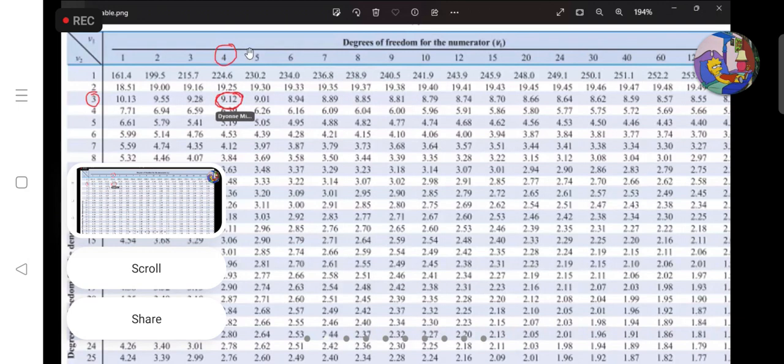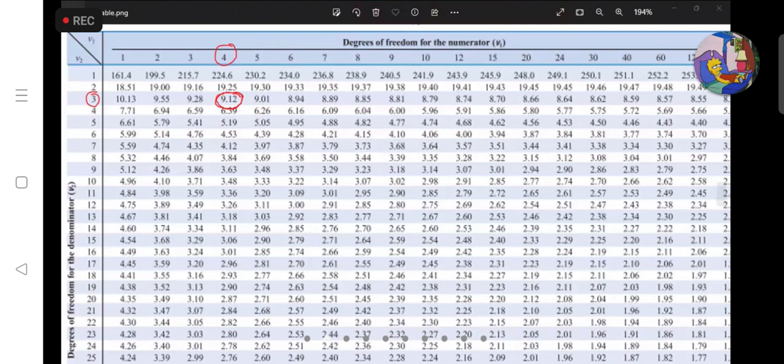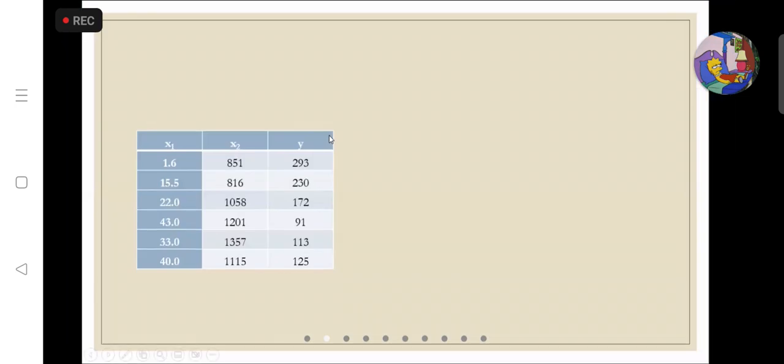Going back, so again, our R is 0.9924. Our critical value is 9.12. So, doing hypothesis testing for this problem, we will start with step 1.